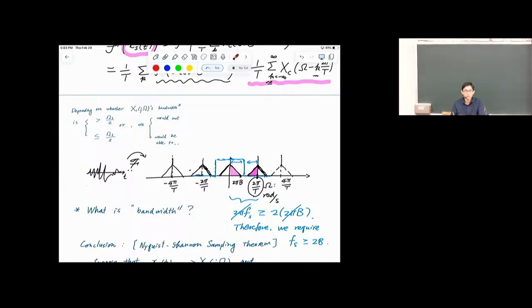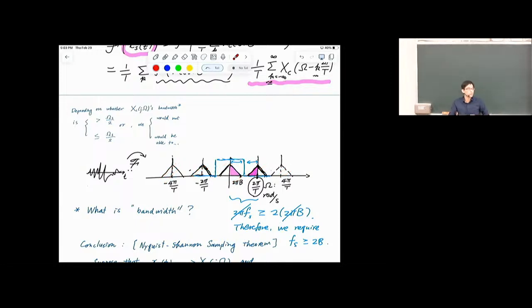And we are talking about reconstruction. It is possible to reconstruct the original signal. We'll come back to this. But I want to mention to you the notion of low-pass filtering. Use a low-pass filter to just retrieve the middle one, while discarding everything else. After you do that, we can apply an inverse Fourier transform.